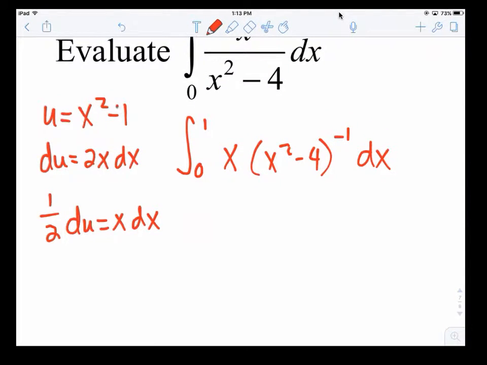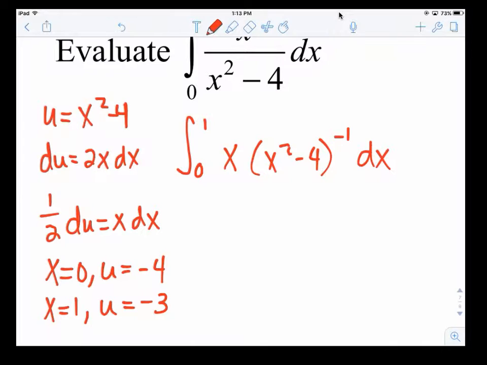Oh, it should be 4. Thank you. All right, so when x is 0, u is going to be what? -4, good. And then when x is 1, u is going to be -3, right?